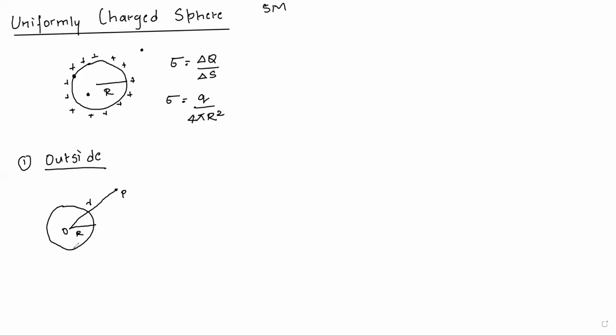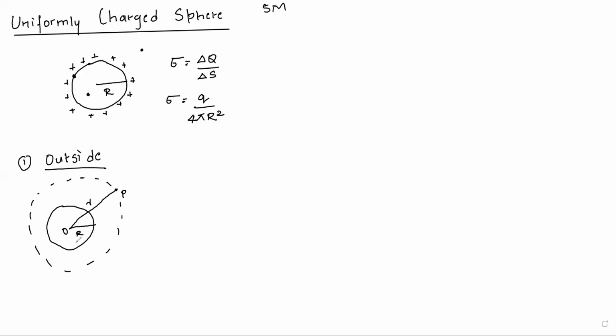It is a condition of Gauss law that it is always applied on a closed surface. So we'll consider an imaginary sphere through point P. The radius of this second imaginary sphere is small r, because the distance from P to O is small r.